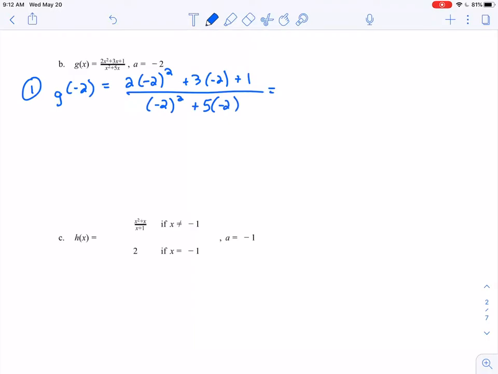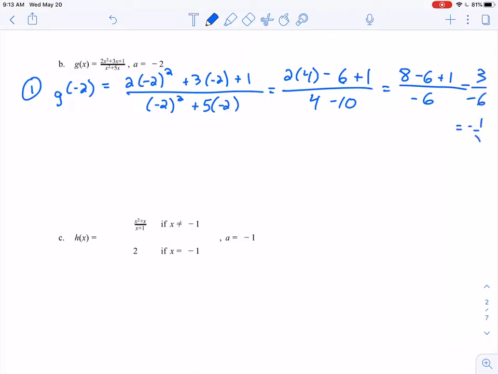Here in this case, let's see, I've got 2 times 4 minus 6 plus 1 divided by, I've got 4 minus 10. Here, 2 times 4, I've got 8 minus 6 plus 1, all over 4 minus 10, that's going to be negative 6. So let's see, 8 minus 6 would be 2, plus 1 would be 3 over negative 6, looks like negative 1/2.